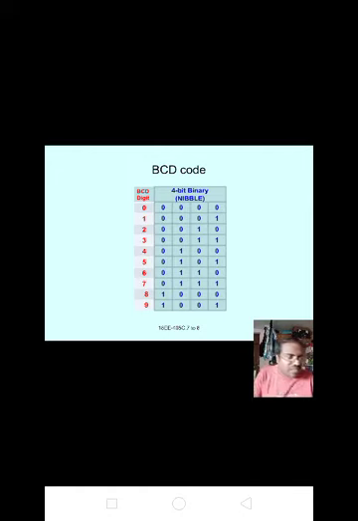Most important one: conversion of BCD to 4-bit binary. 4-bit binary is also known as a nibble. Here BCD digits are from 0 to 9. We use the 8421 code for this conversion.